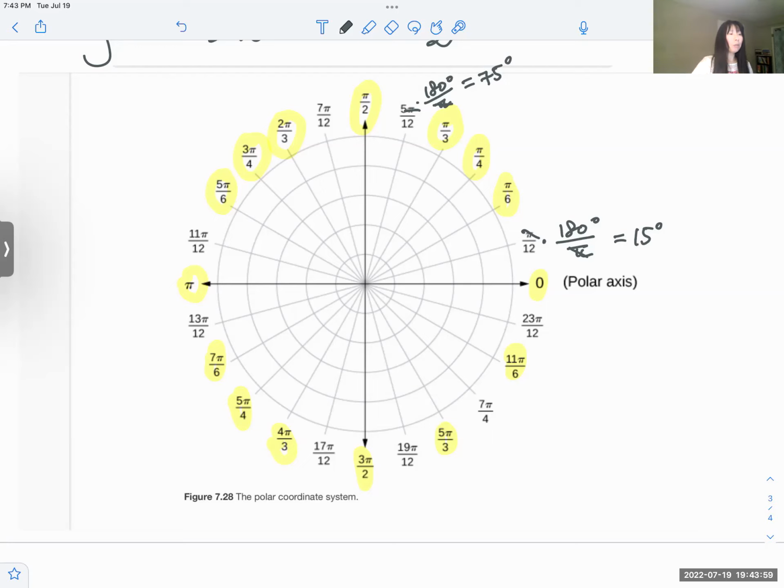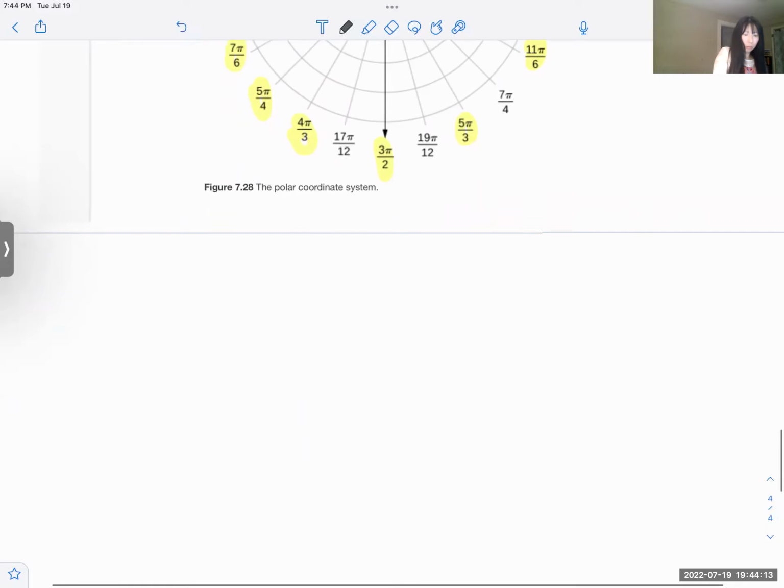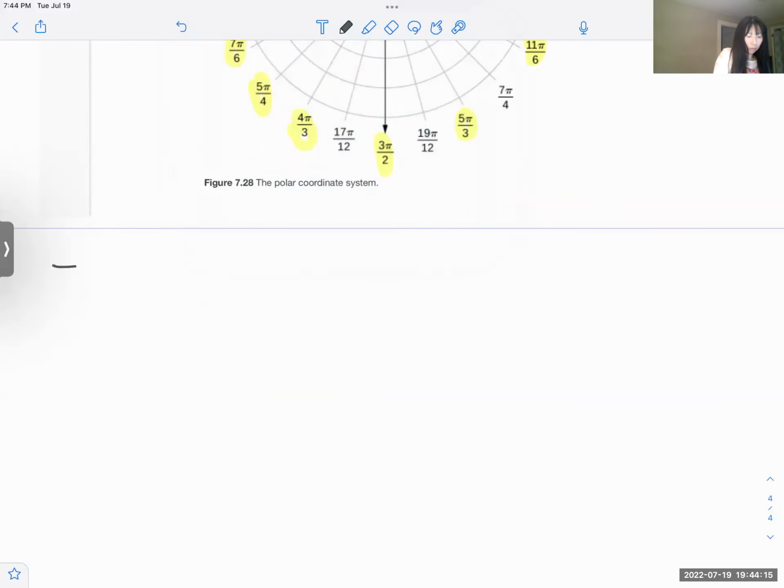Okay, now we're gonna plot the point on the polar plane.